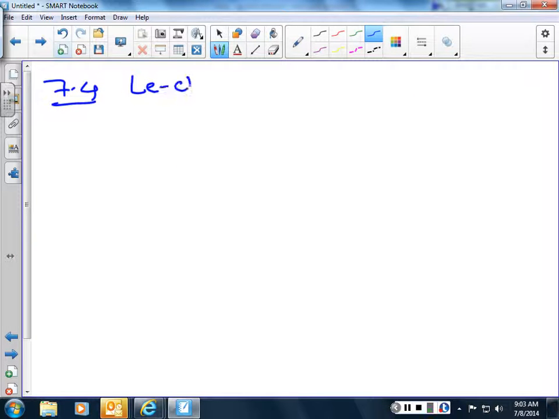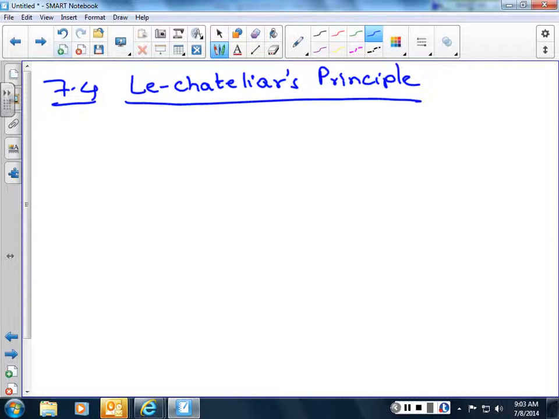Le Chatelier's principle. Now let's use the same equation.